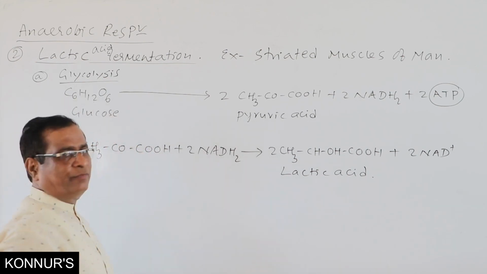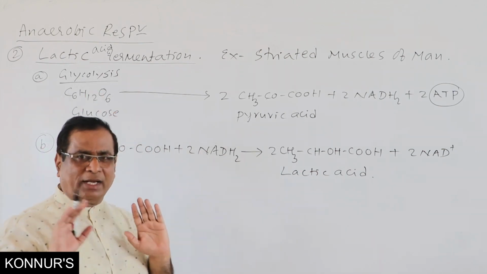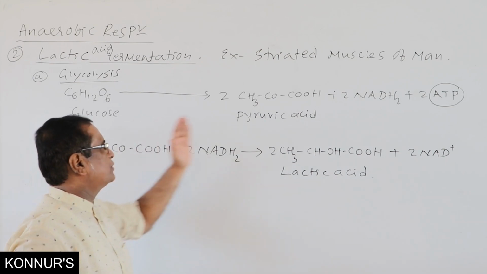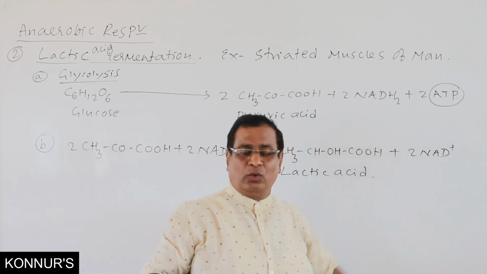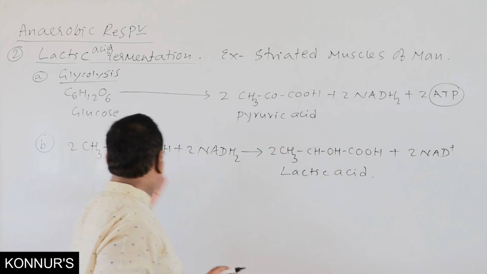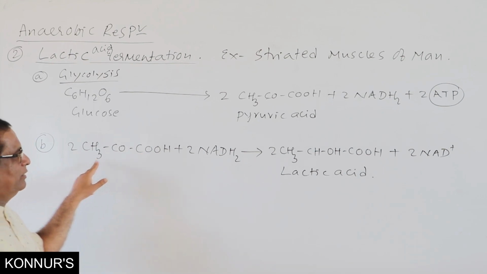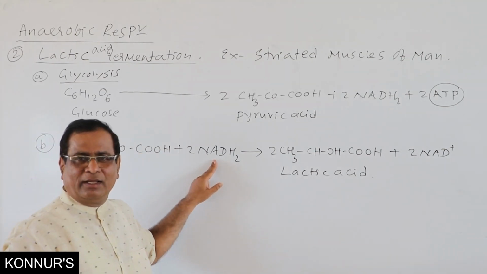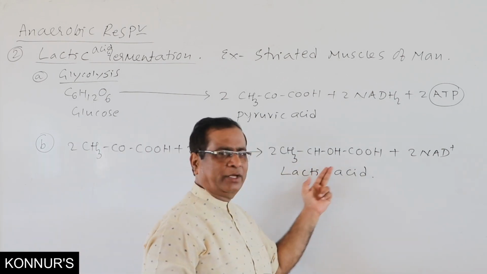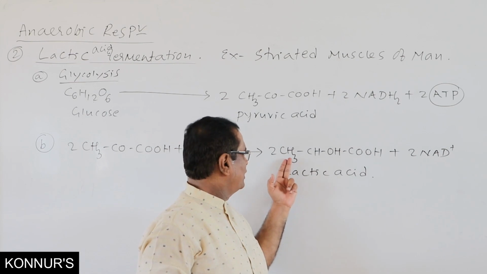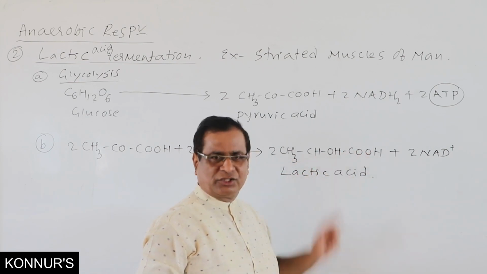Even for lactic acid fermentation, the first step, glycolysis, is one and the same. Glucose gives 2 molecules of pyruvic acid, 2 NADH2 and 2 ATP. But in the next step, those 2 pyruvic acids are reduced by 2 NADH2, leading to the formation of 2 molecules of lactic acid, CH3, CH, OH, COOH.